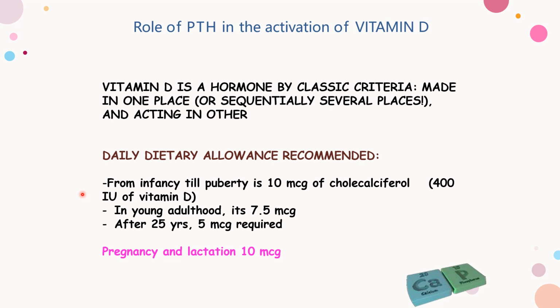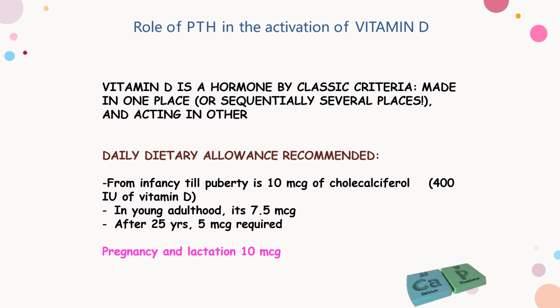Dietary sources, as you all know, are liver, fish, cod liver oil and milk. A minimum of 2.5 micrograms of vitamin D should be ingested daily, and the recommended dietary allowance is 10 microgram or 400 international units.